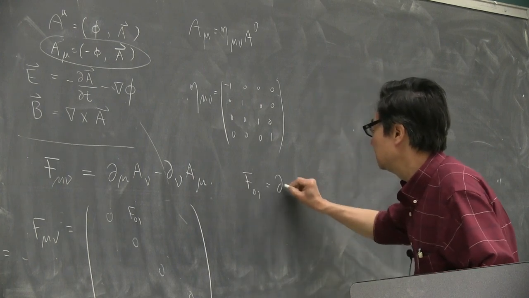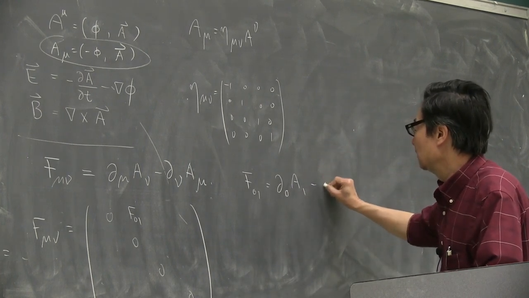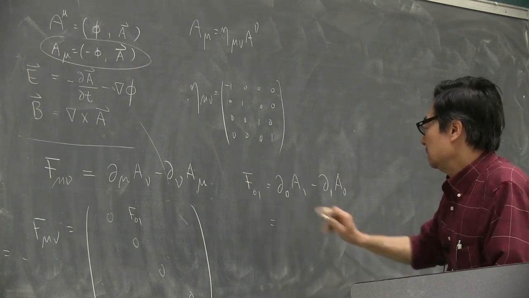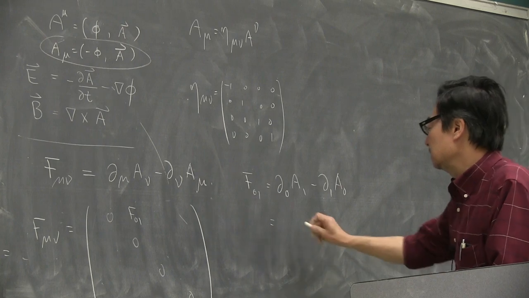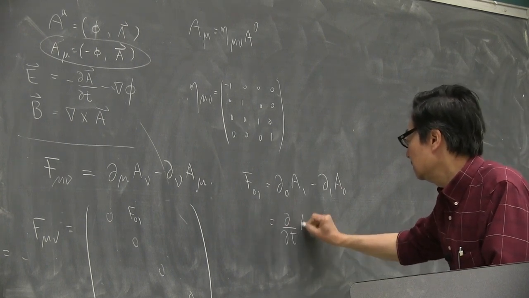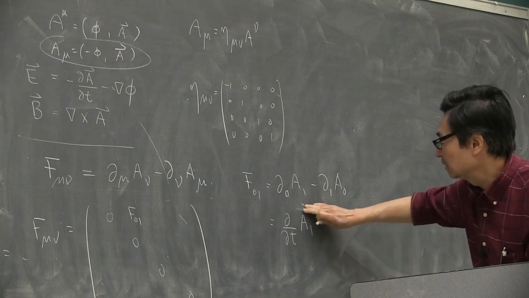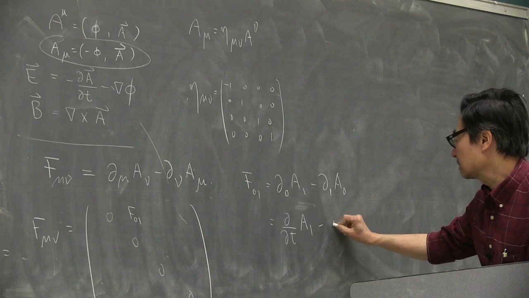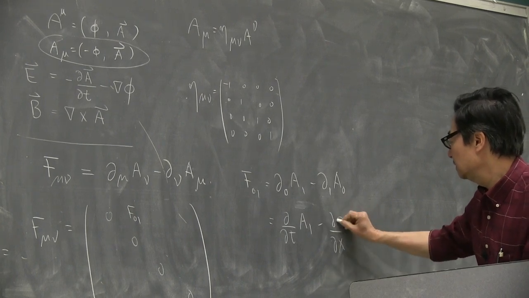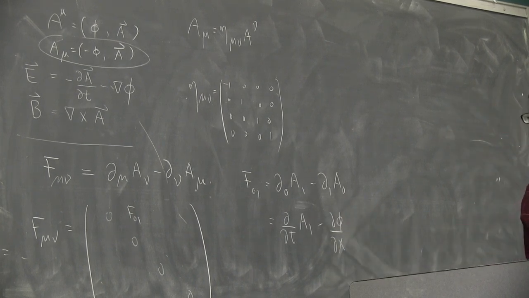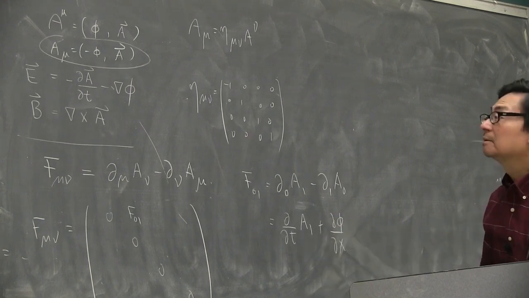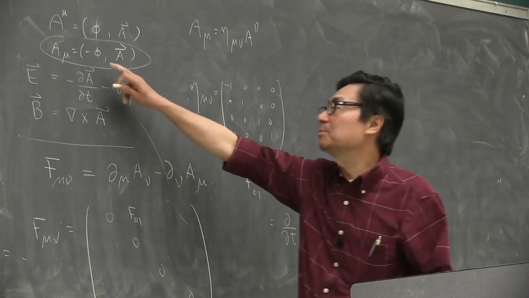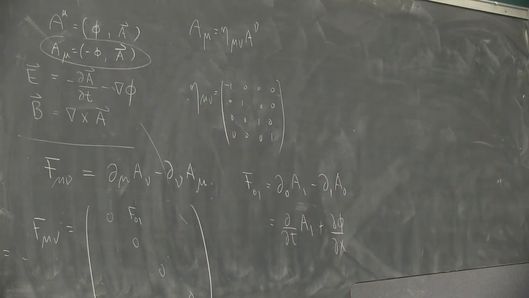So F01 would be d0 A1 minus d1 A0. d0 is d/dt of the A1 component. d1 is what? d/dx of A0, but A0 is like minus phi, because A lower mu is minus phi here.